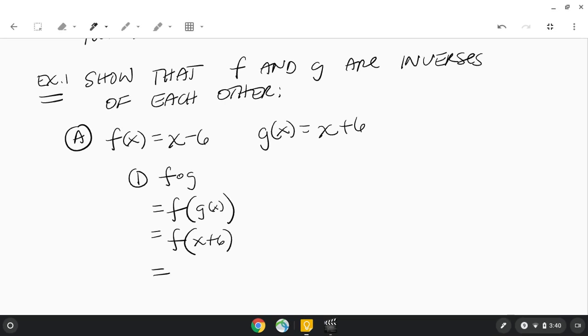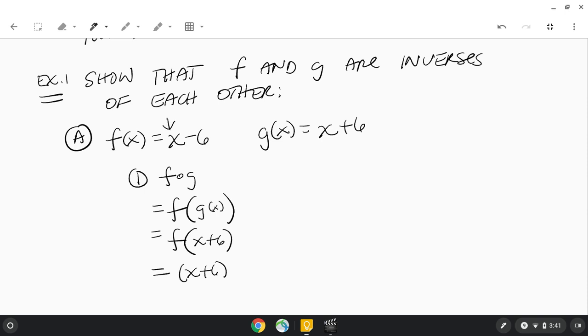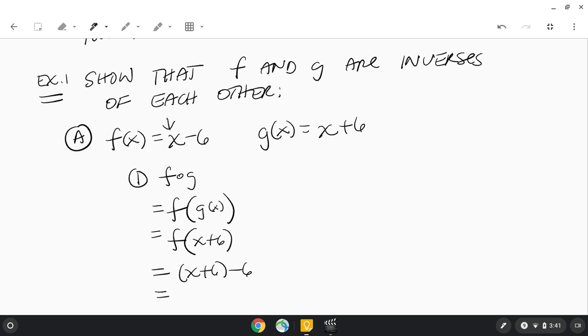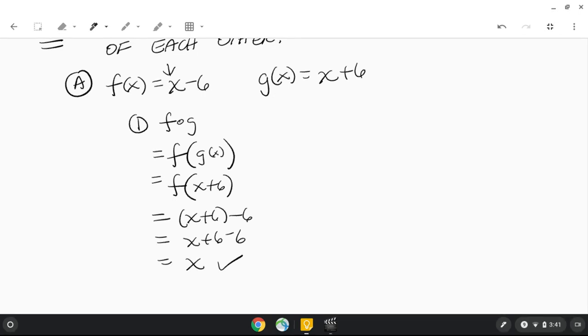Right up here, I am going to replace that x with x plus 6, and then minus 6. Removing the parentheses, I get x plus 6 minus 6, which gives me x. So I did the first part. I showed that F circle G does equal x.